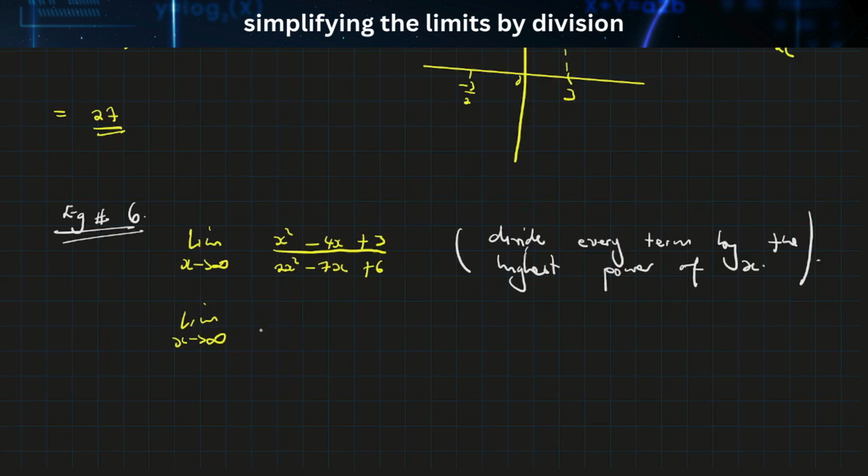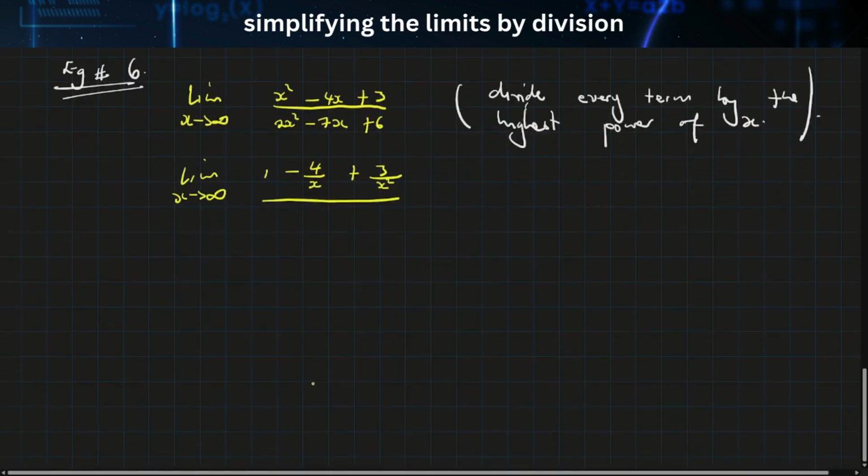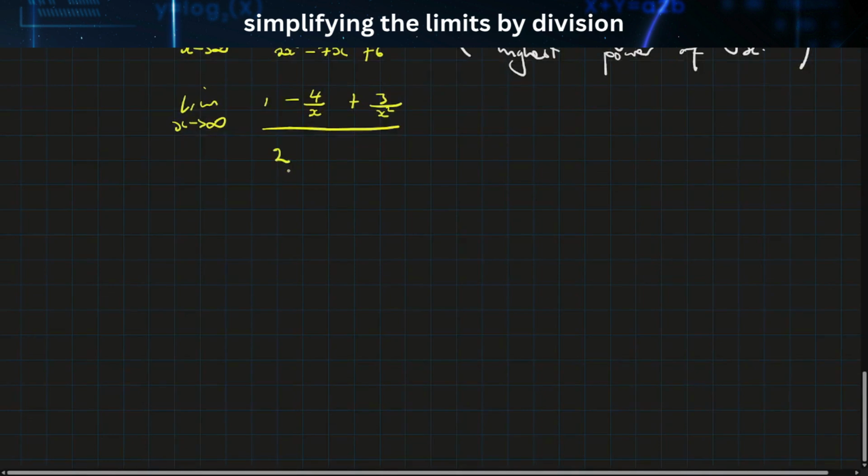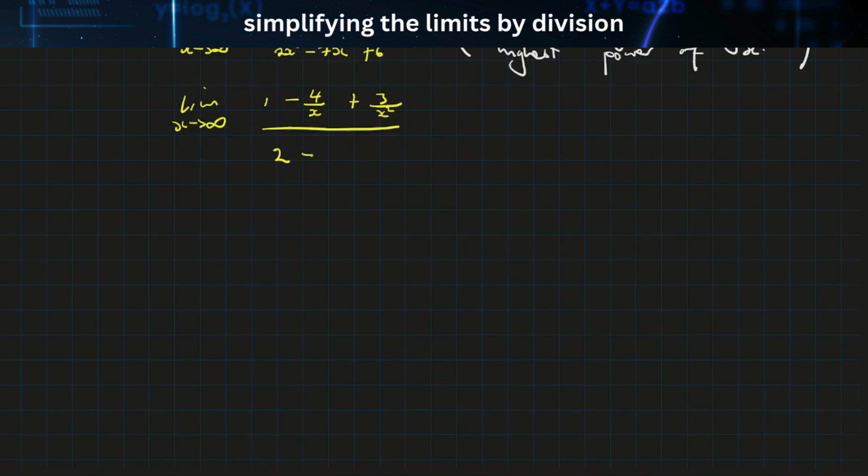So I'm going to have 1. 4x divided by x squared is going to be 4 over x plus 3 over x squared. All over 2, and that's going to be minus 7 over x plus 6 over x squared.